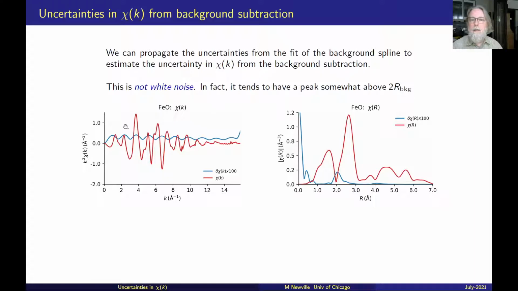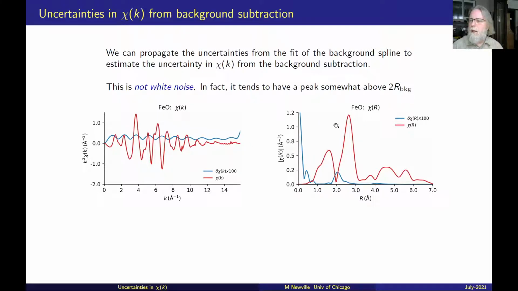And here's what we see for this iron oxide data that I'm beating to death. Here the signal is now in red, and the uncertainty, delta chi times 100, blown up by 100, is shown in blue. What's most interesting about this is it's not 0, so it's above 0, so it's finite. There is actual noise in that, but also there's some oscillatory part to that.